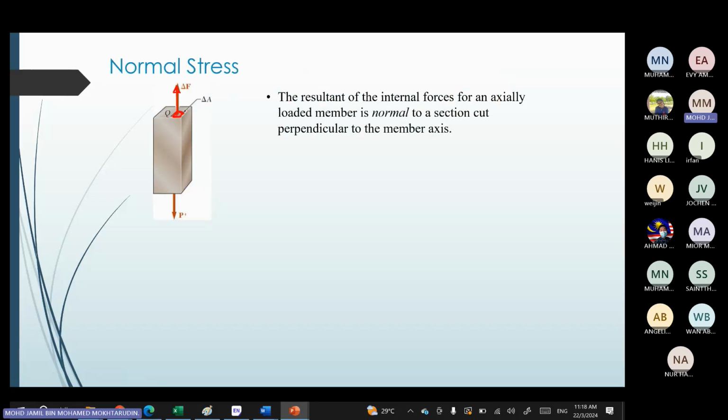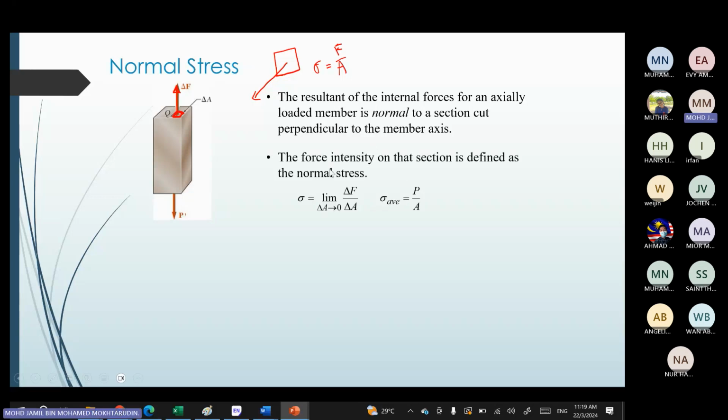So if you have a surface area, let's say the surface area shown here, and the force is acting perpendicularly from the area, then the normal stress is simply force divided by area. So that's the meaning of normal stress. The force intensity, if you have the force acting on the section, is defined as normal stress. So normal stress is basically the total force divided by area.